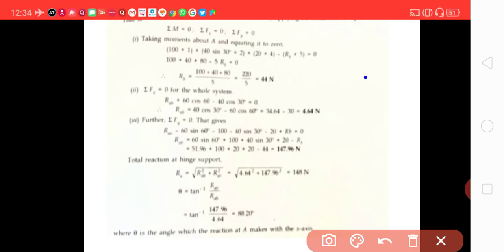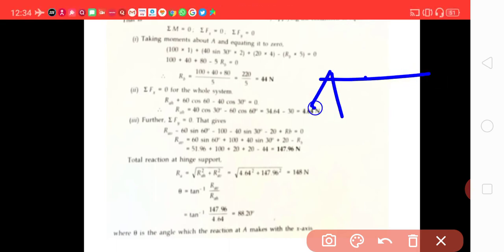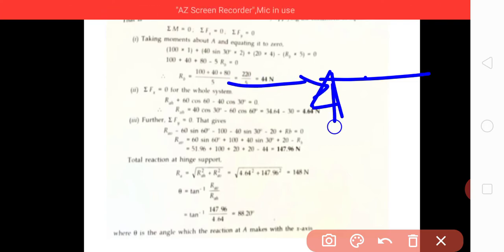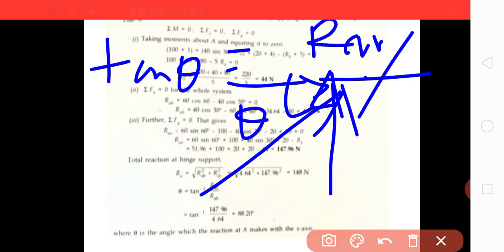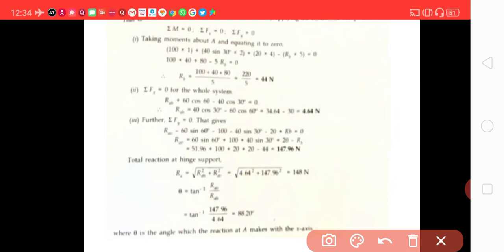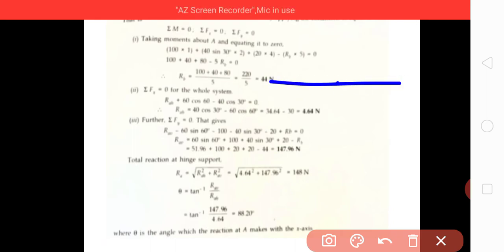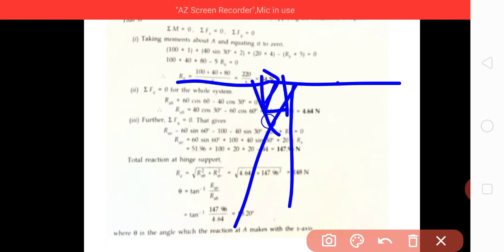Then this angle theta will be calculated like this: tan theta equal to RAV upon RAH, which comes out to be 88.20, means this angle will be 88.2.